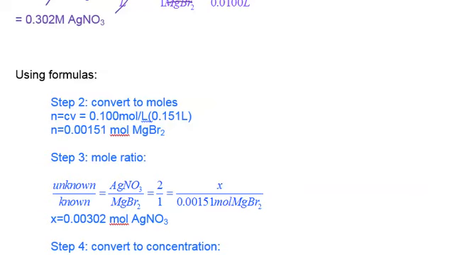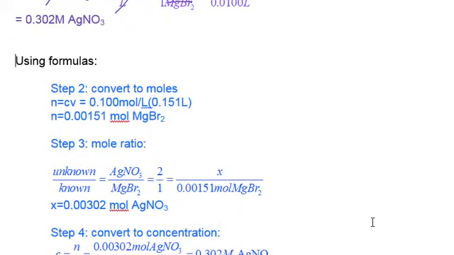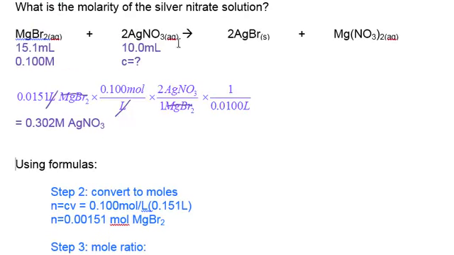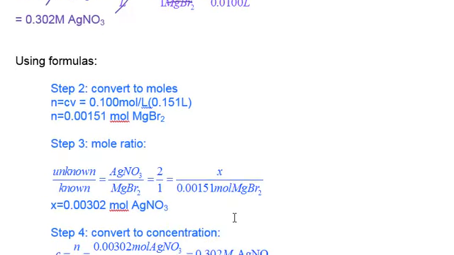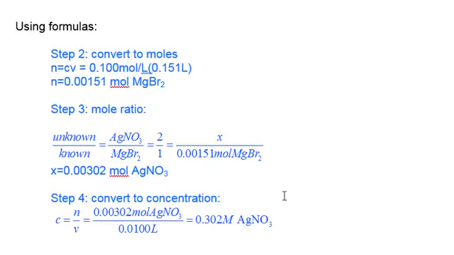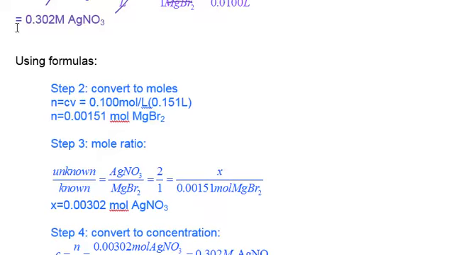So again, we put that back into the concentration formula, C equals n over V. So we take this new moles, divide by our volume of silver nitrate, which was 10 milliliters, so change that to liters. And we end up with the same overall result, which is 0.032 molar silver nitrate. So, right, same answer we got up there.